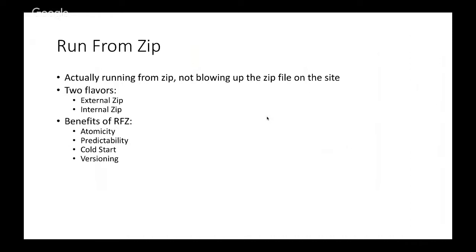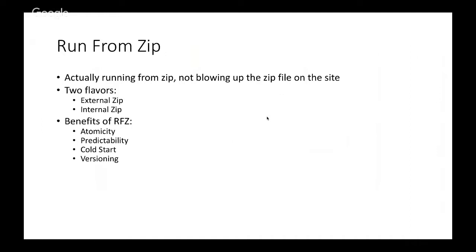Benefits of Run from Zip. Atomicity, number 1. If you are deploying a function app, there are certain scenarios where if a deployment is partially complete, people can touch the resultant application with the site being in a half-baked state. Because of Run from Zip, since it's a single file, all deployments are atomic. You can't break it down any further, and there's a lot of goodness that comes around that.